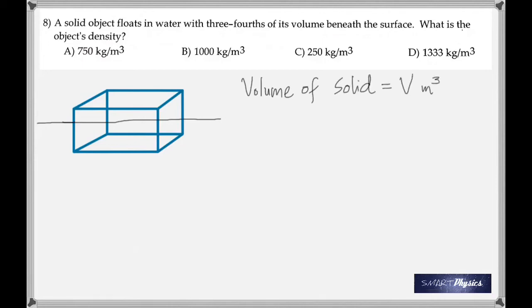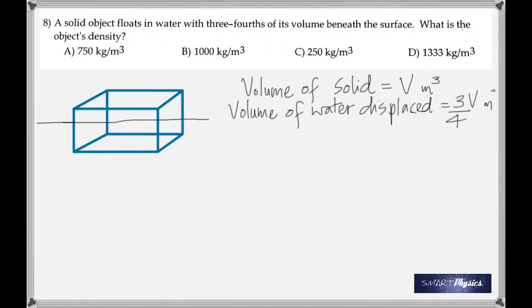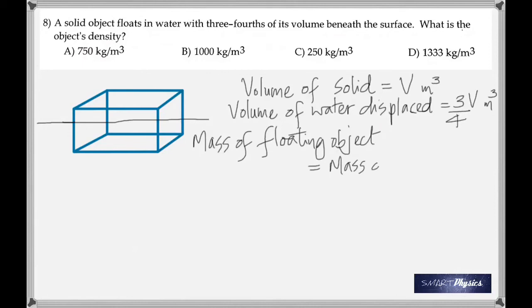Okay, let the volume of the solid be V meter cube. Therefore, the volume of water displaced is 3/4 of that volume. And the mass of the floating object would be its volume times the density, so volume times the density of the solid.